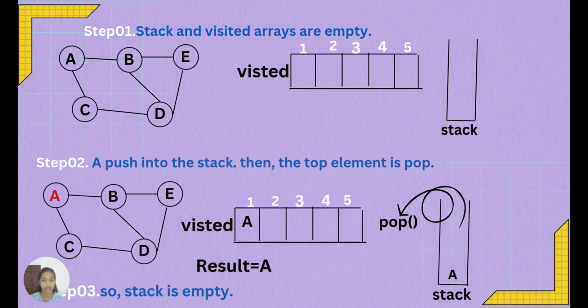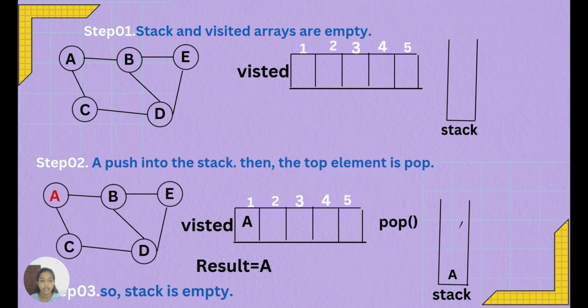This is the example for depth first search. In depth first search, we need a stack. We have a simple graph like this. So first step is the visited array is empty and the stack is also empty.